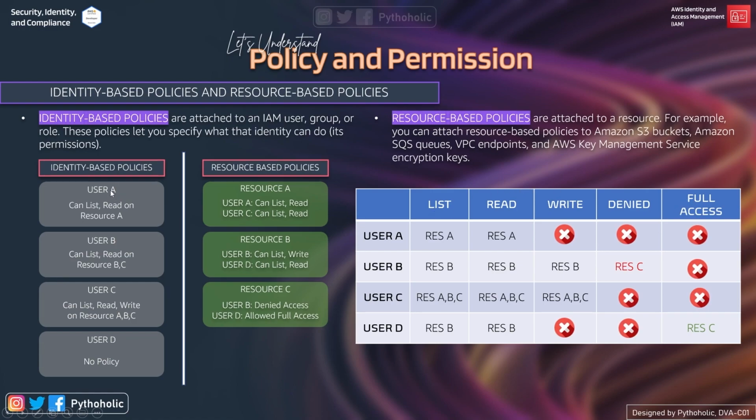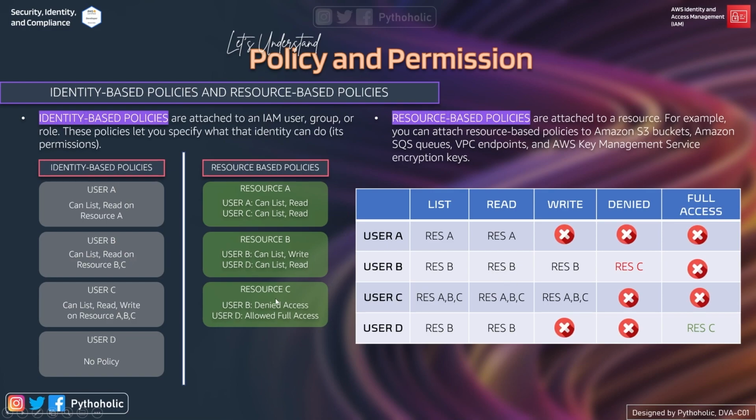If we take into consideration the identity-based policies and the resource-based policy, user A can list on resource A. User A can list and read here, and here also, so list and read operations are allowed on resource A. And for write operation, we don't see any write on any other resources. So write, denied, or full access is not applicable here, because we are not denying or granting full access for anything. Now let's come back to user B. It can list and read on resource B and C.